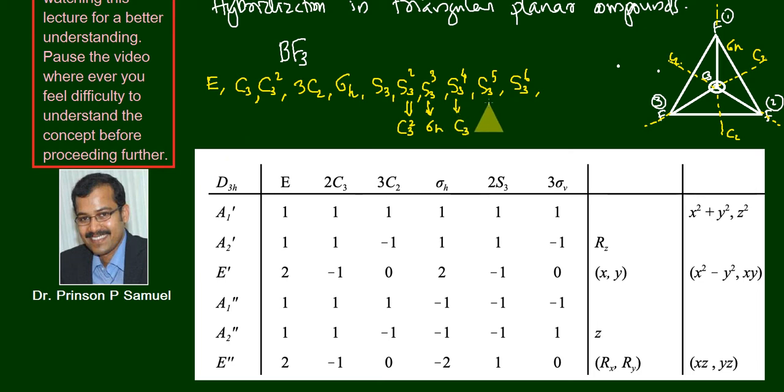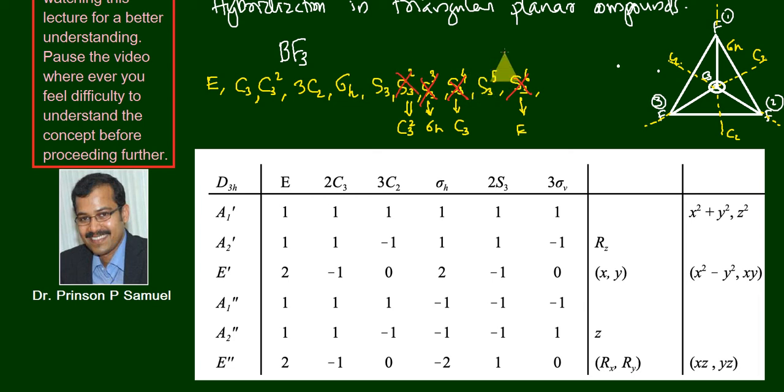And what is S3 raised to 5? That is a unique operation. But S3 raised to 6 is nothing but E, and it is already written there. So we don't need to write all these S3 operations. This one we can omit, this one we can omit, and this one also, and this one also we can omit. So in effect, how many unique S3 operations are there?